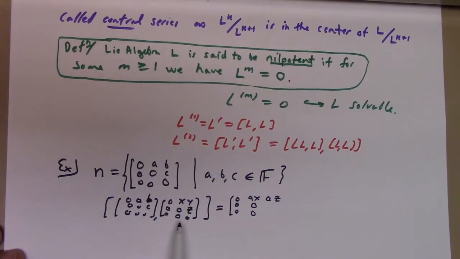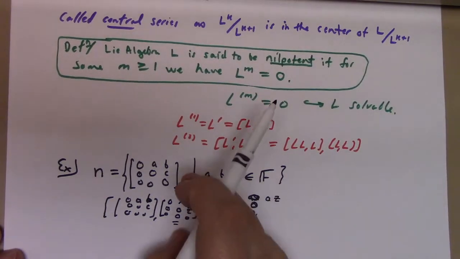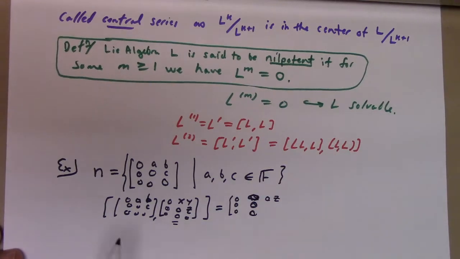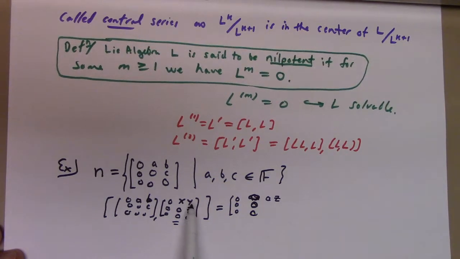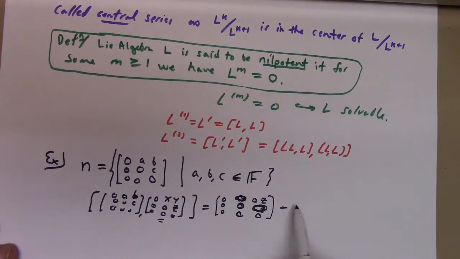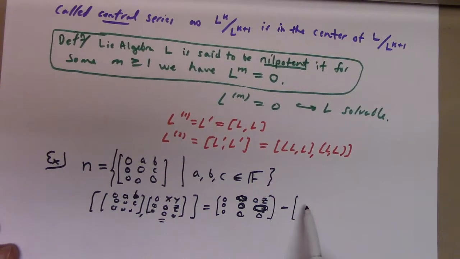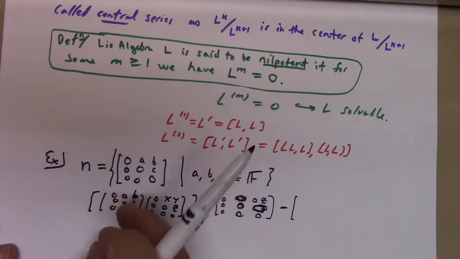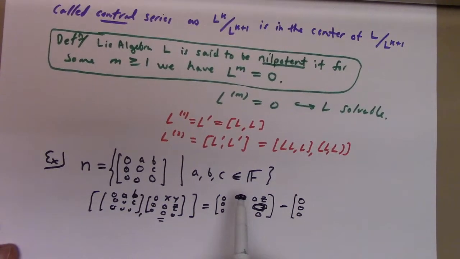Oh, wait a minute, the middle column is 0, so I get zeros. Actually I don't even get that, I get zeros all around, and the other product is going to be the same thing. Zeros, easy.